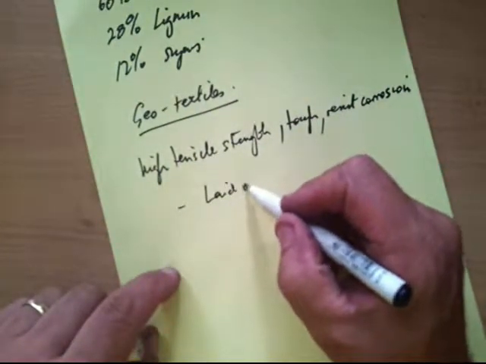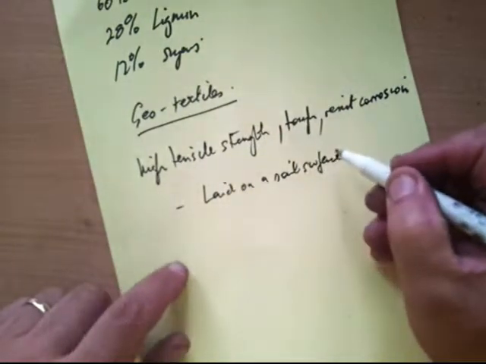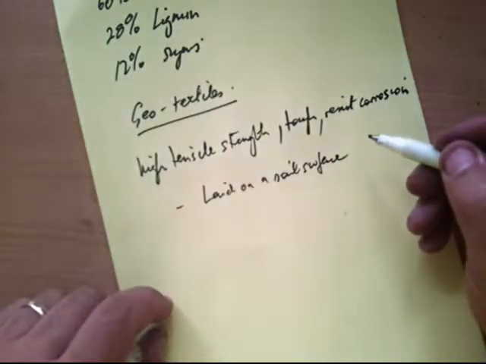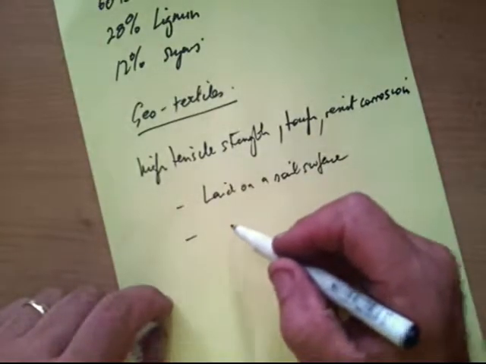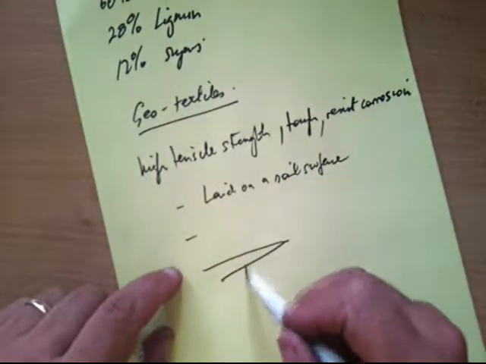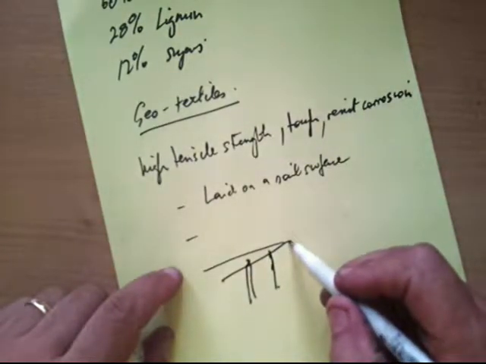You can buy or get some geotextiles that will biodegrade, if that's what you want, and most of the time they're laid onto a soil surface, over which there's going to be a road or some other system put on top.